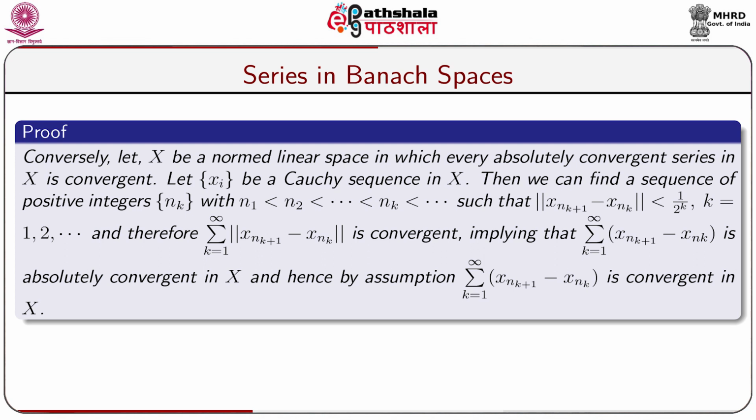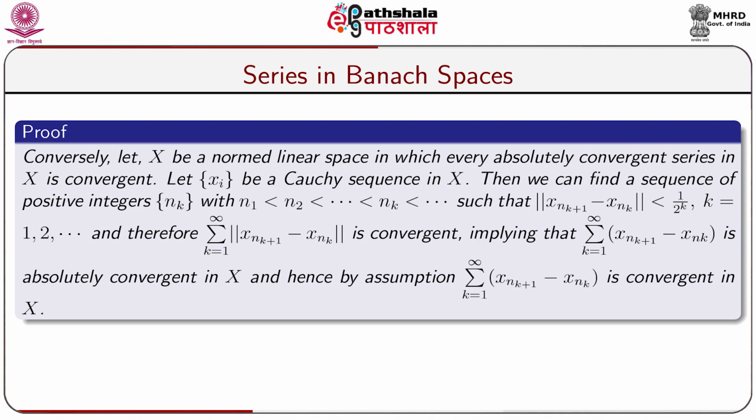Already we have norm of x_{n_{k+1}} minus x_{n_k} is less than 1/2^k. If we take sigma on both sides, that is k equal to 1 to infinity, we see that the series sigma 1/2^k is convergent.